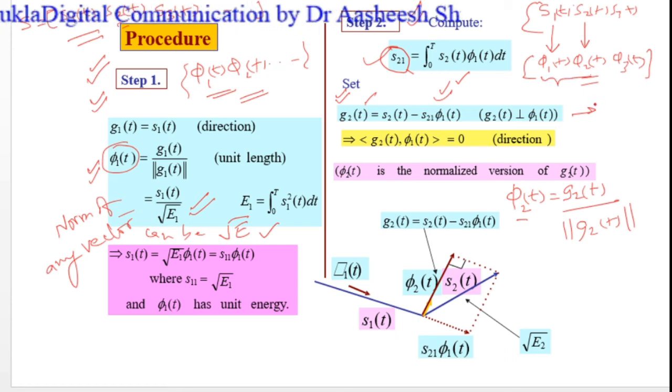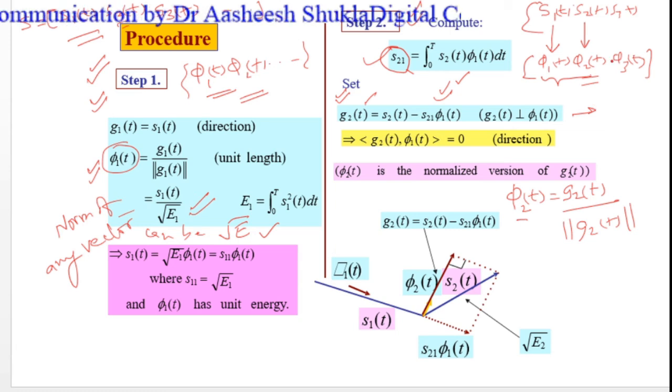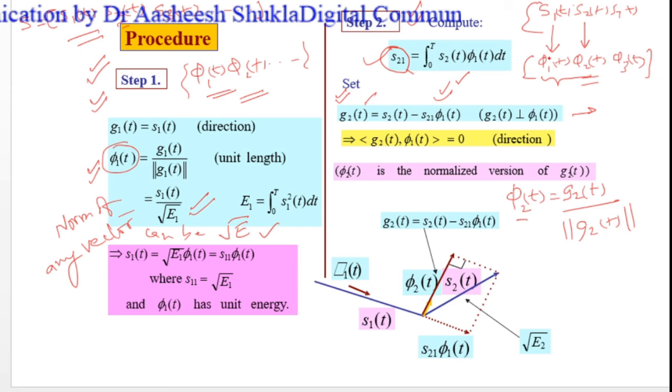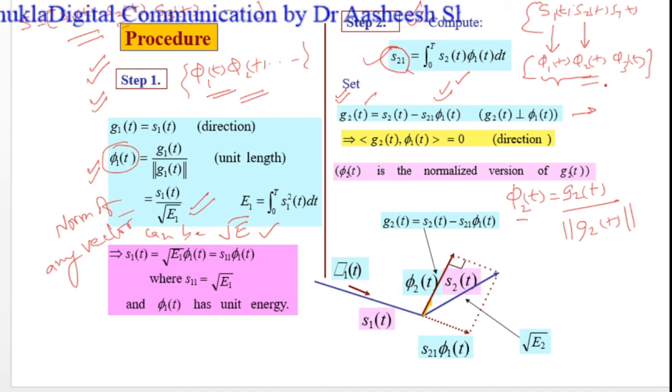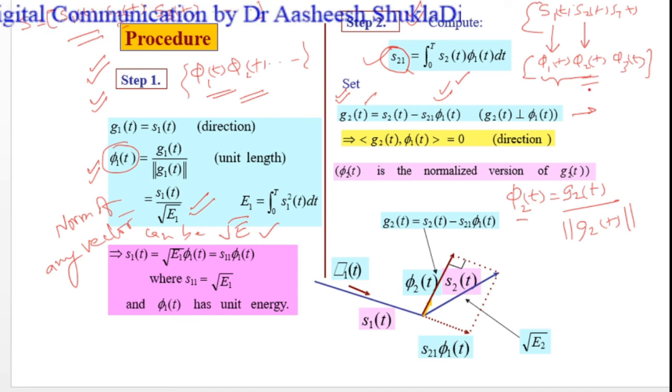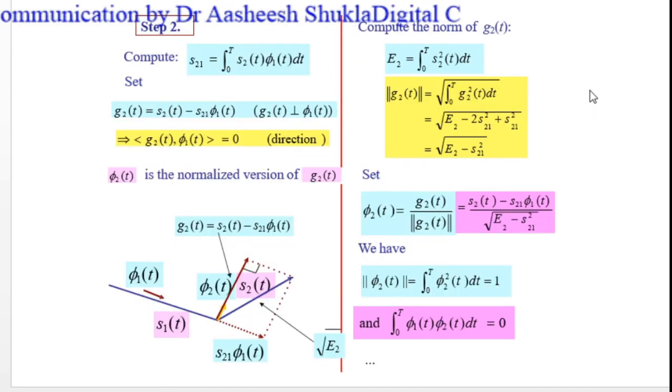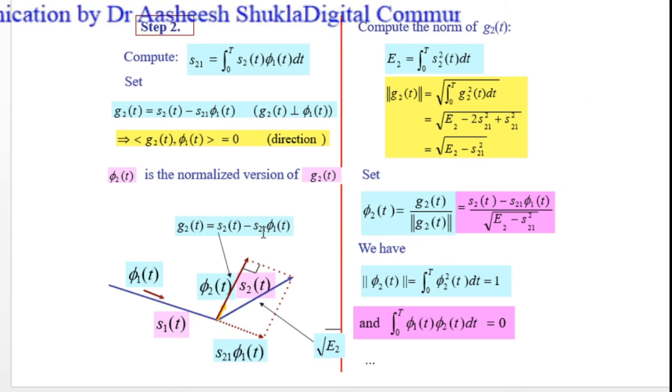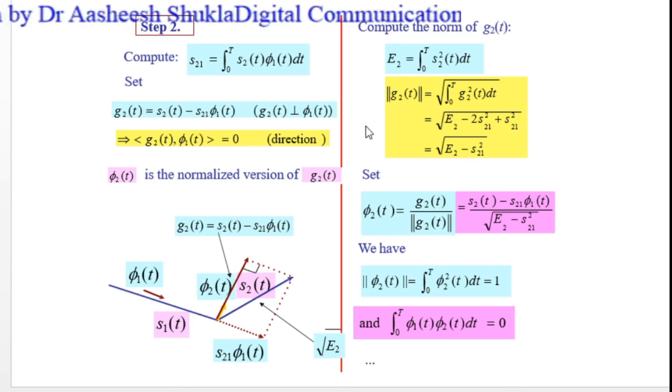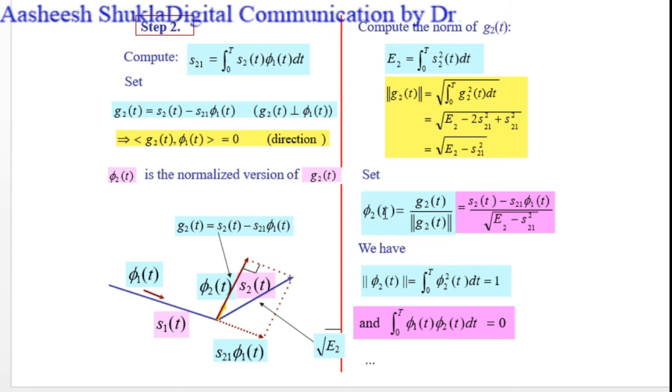So the new vector phi 3(t) should be perpendicular to phi 2(t) as well as phi 1(t). Then we will again normalize the energy of that vector, so it will become orthonormal, right?